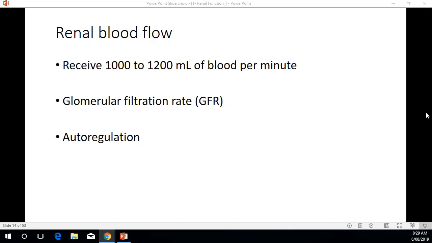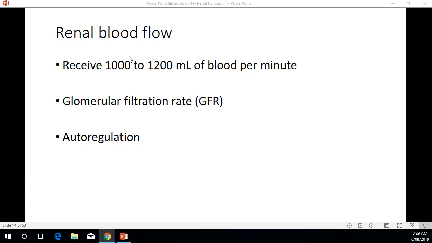Now, renal blood flow is very, very high. Kidneys receive around 1 liter of blood per minute, which is about 25% of cardiac output. A quarter of cardiac output goes to the kidney. Sometimes it is said that kidneys receive a lion's share of cardiac output.